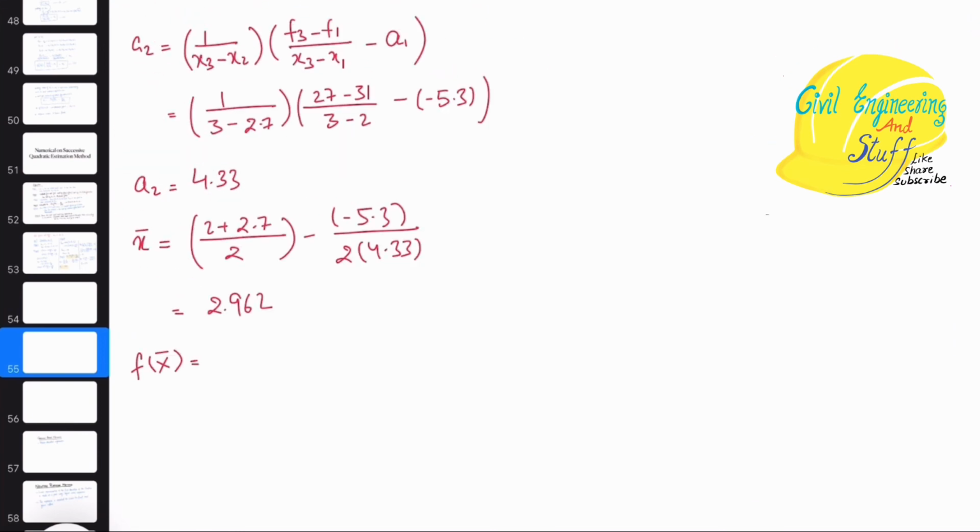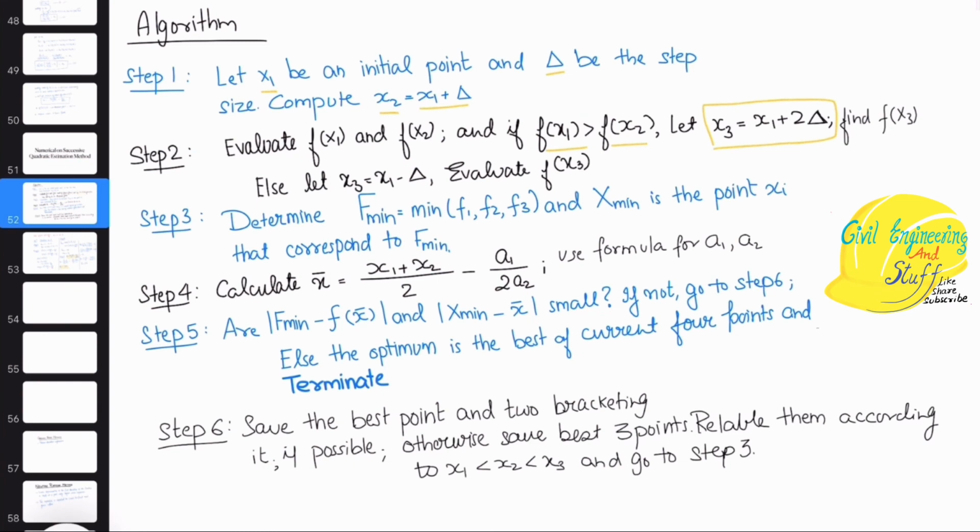F x bar is 2.962 square plus 54 by 2.962. This will give the value of f x bar to be 27.004. So we have completed our step 4, right?